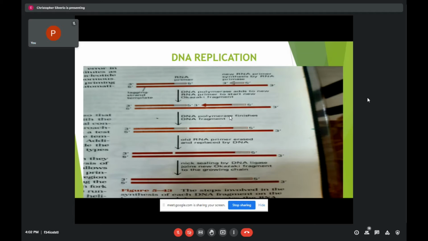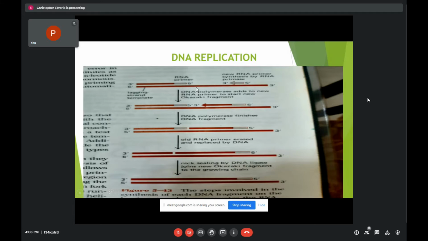Okay, this is the lagging strand of the DNA. And this is the RNA primer.